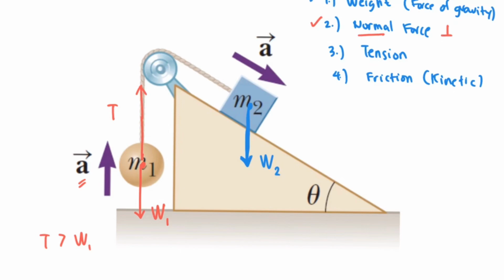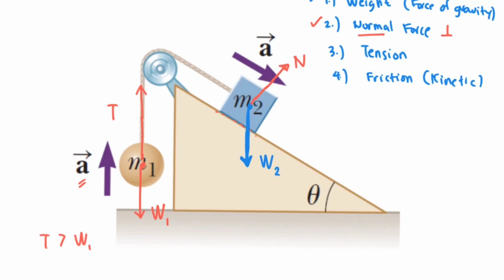Since this is our surface right here, we just have to draw a line that is perpendicular to the surface, and it should be pointing away from this surface. So we will have something that looks like this. That is going to be our normal force. It's perpendicular to the surface, and it points away from it. So that's our normal force.